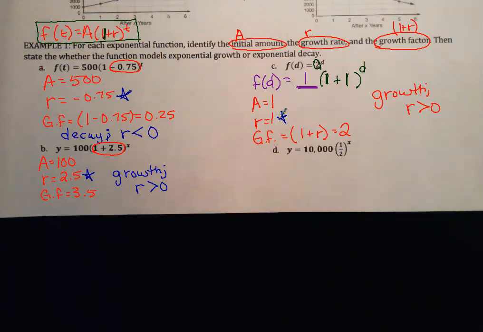Okay, so for D, we're going to have to do a similar thing that we did in C, because we just have 1/2 x. We need to get this in that form, 1 plus r to the power of x. So we have 10,000 times the quantity 1 plus, what does our r have to be to make 1 plus this number equal to 1/2?